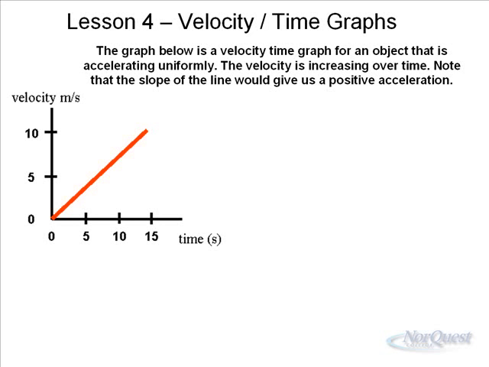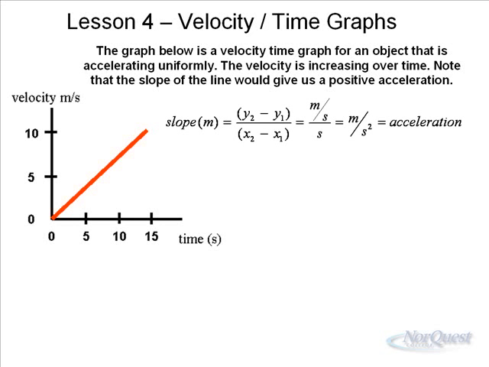And so, at any point along this graph, we can find the slope. The velocity is increasing over time, and notice that the slope of the line would give us a positive acceleration. We haven't put the numbers down for this, but if you were to grab numbers from this graph, you could substitute them into this formula, and you would get the actual acceleration. I'm just showing you the units here. The units give you acceleration because you're dividing meters per second by seconds.